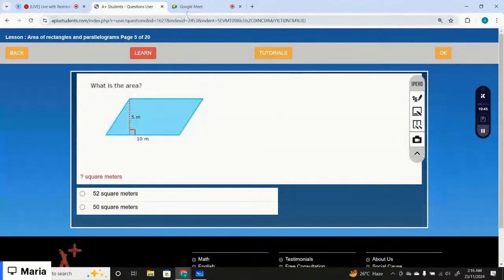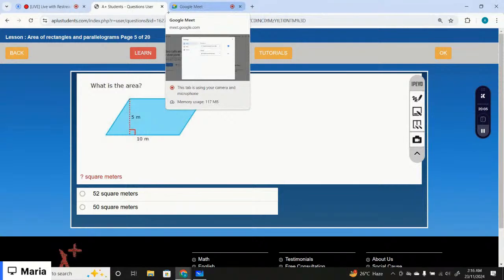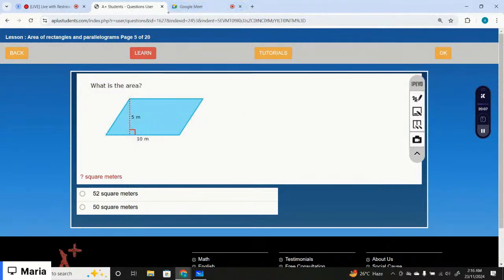What is the area? Which is the correct option? That is 10 times 5 is 50. That is 50 square meters.